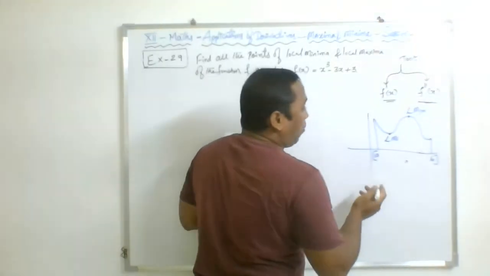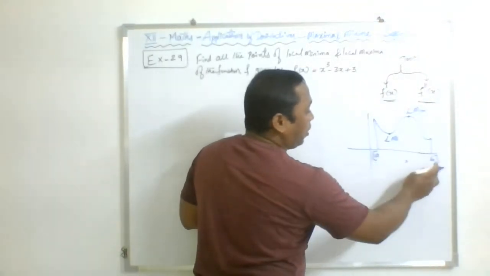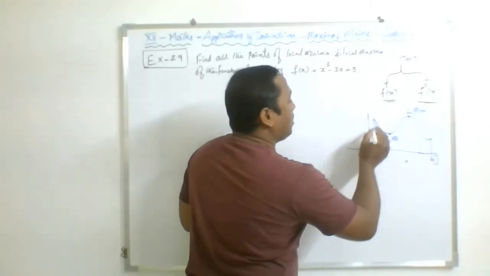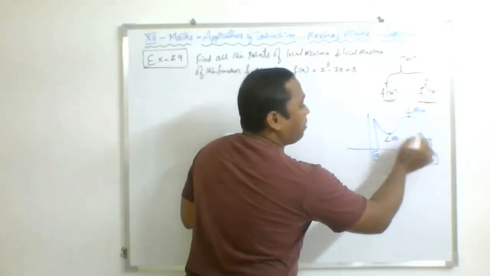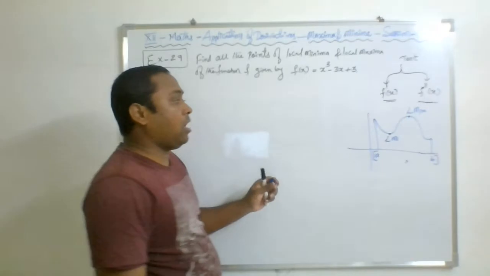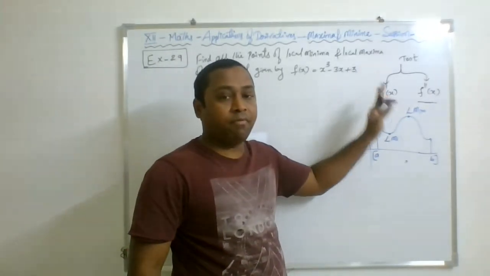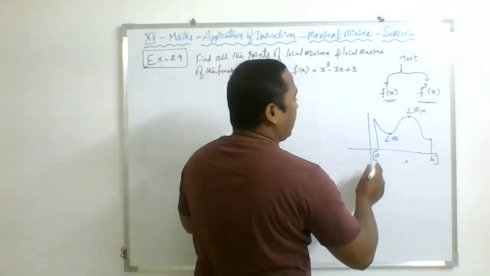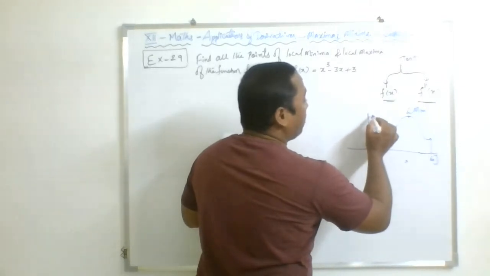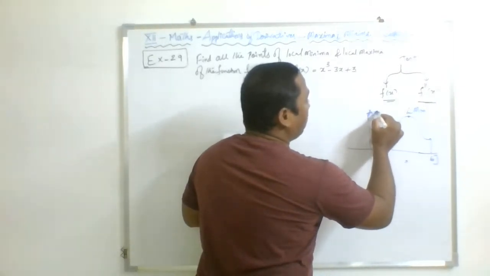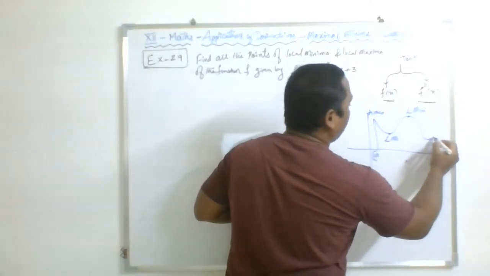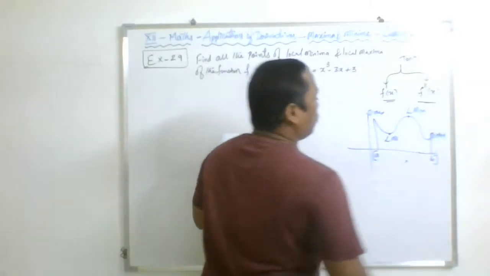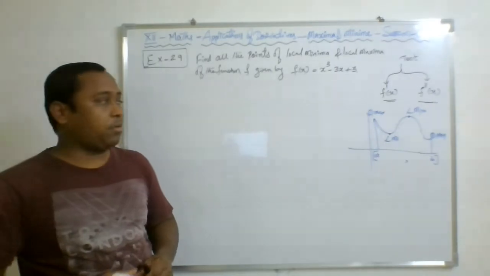And there may be a possibility that if you include the endpoints of the domain of the graph, the graph may attain the maximum value and the minimum value at the endpoints, and in this case these points are called absolute maximum, or if it is the lowest point of the graph, absolute minimum.